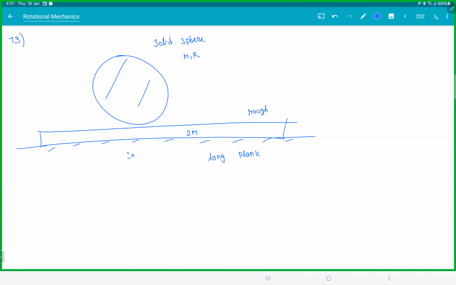The ground is smooth. What someone did, they rotated this solid sphere with omega. There's no velocity. There's no translation. He rotated the sphere with omega and placed it on top of it. Rotating solid sphere is placed on a long plank. Find the final velocities when slipping stops.